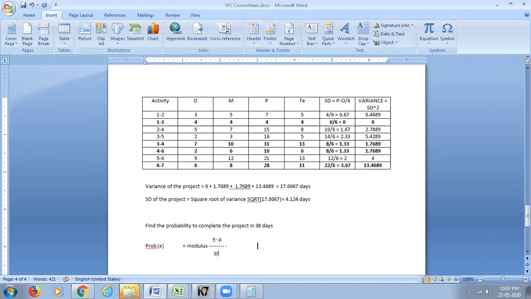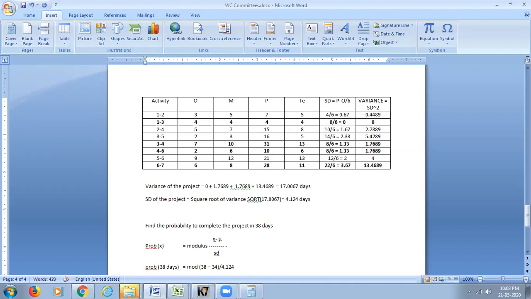X is the number of days which I have asked here, and that is the probability of 38 days, which is equal to the modulus of x minus mu, 38 minus 34, modulus by standard deviation 4.124.